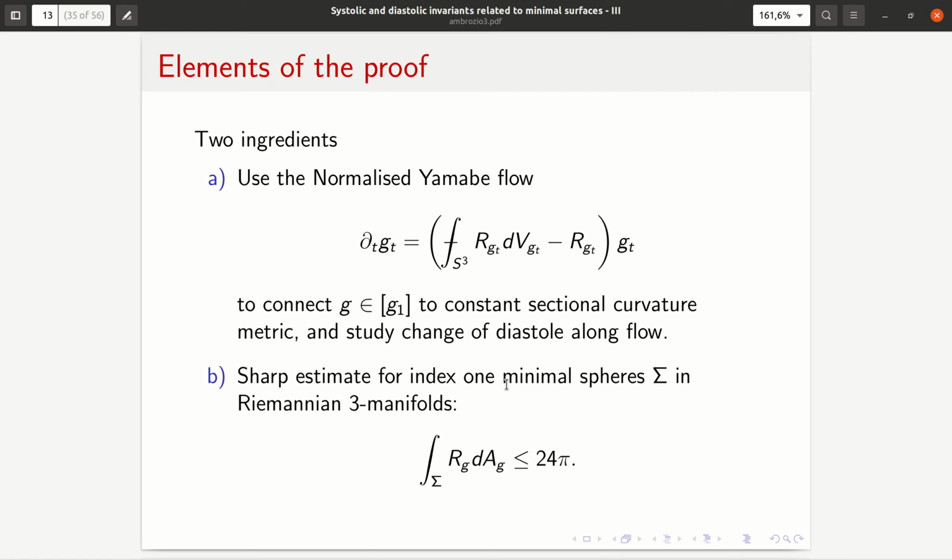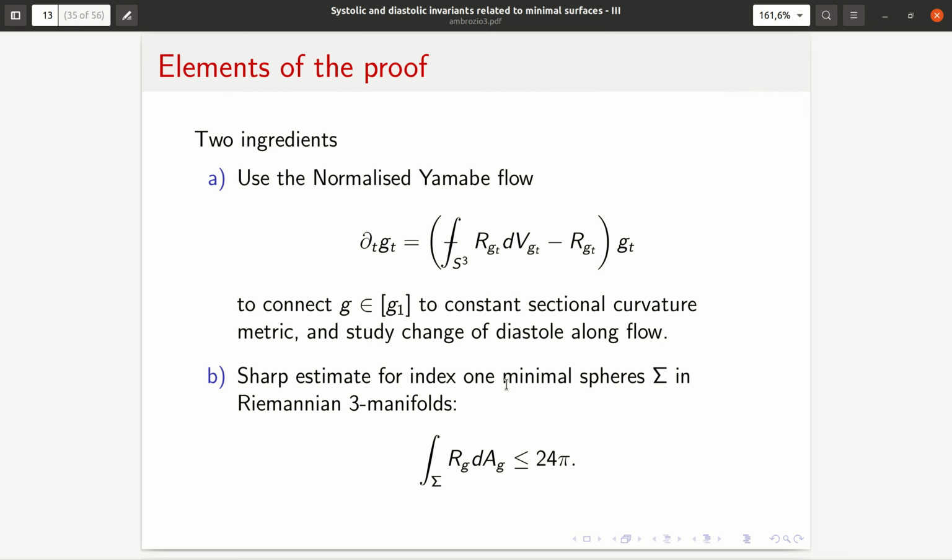So the integral of the ambient scalar curvature over such an index 1 minimal sphere is at most 24 pi. And this estimate is sharp. If you notice, in the case of the canonical metric, the equator is a minimal sphere with area 4 pi, and the canonical metric has constant scalar curvature 6.